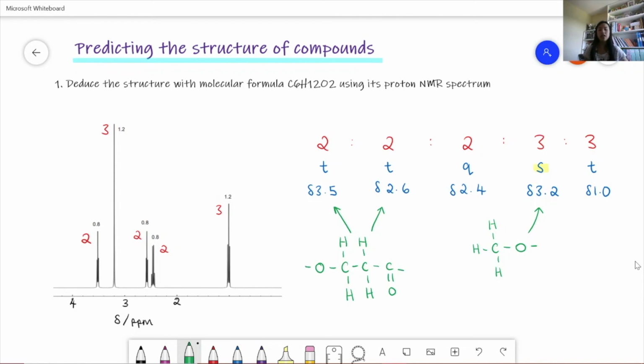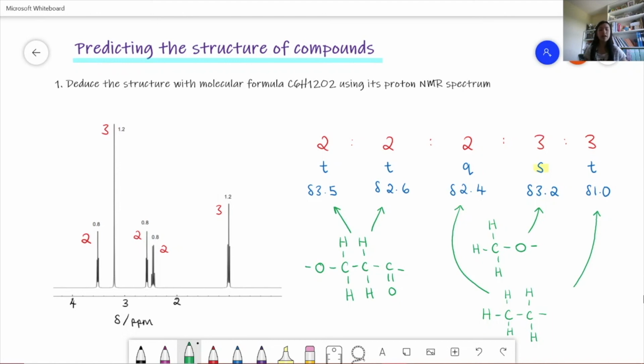And now looking at the quartet and the triplet, these 2 are also in the common signals table that we looked at. And so what these 2 tell me is that we probably have a CH3-CH2 group, because we have the ratio 2 to 3, and we have 2 hydrogens on one carbon and 3 hydrogens on the other, and we also have a quartet and a triplet.